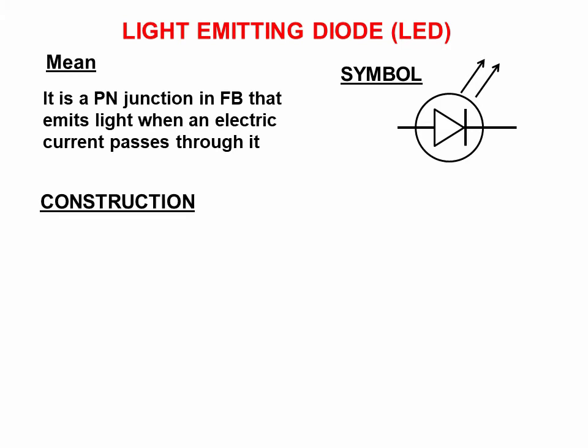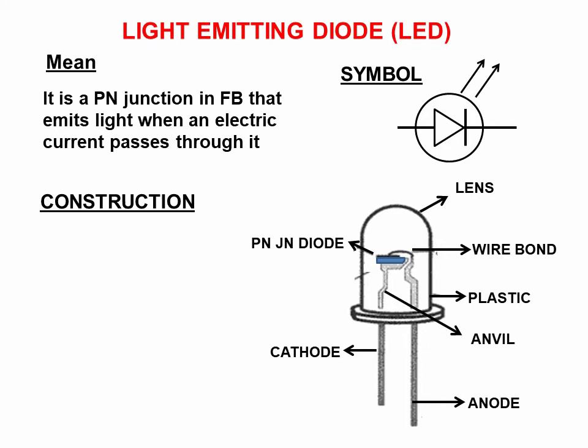Next, construction of LED. LED consists of a chip, indicated in the diagram as blue in color, that is a p-n junction diode. That material is doped with certain impurities to create a p-n junction, but that material should be direct band gap. The chip is mounted on an anvil.